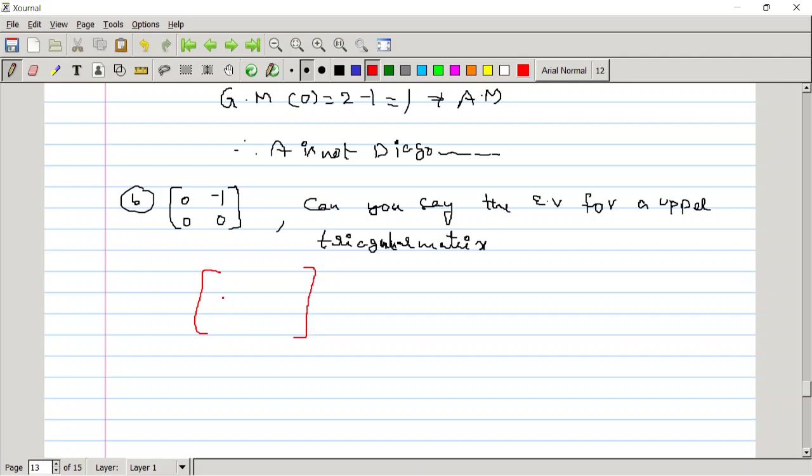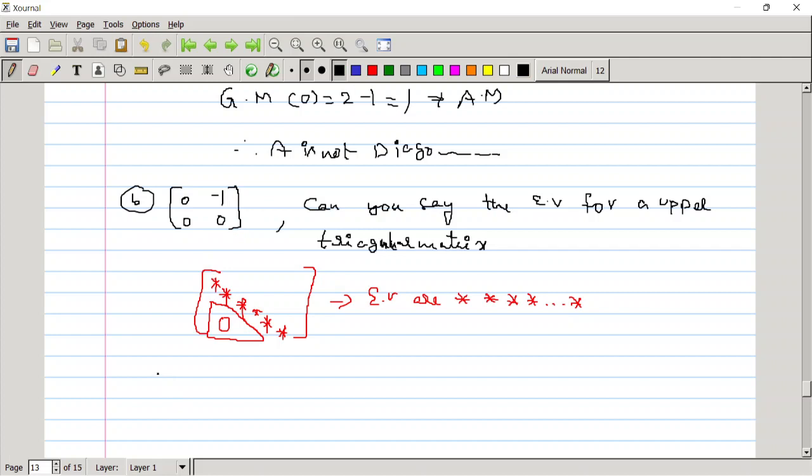We have an upper triangular matrix, that means the diagonal elements can be any scalars, the elements below the diagonal are zeros, and the elements above the diagonal can be anything. Then the eigenvalues of this matrix are whatever the elements on the diagonal are. Similarly for lower triangular matrices also.